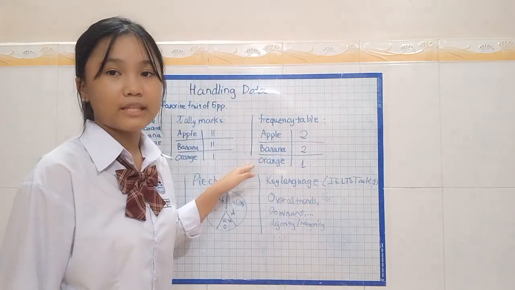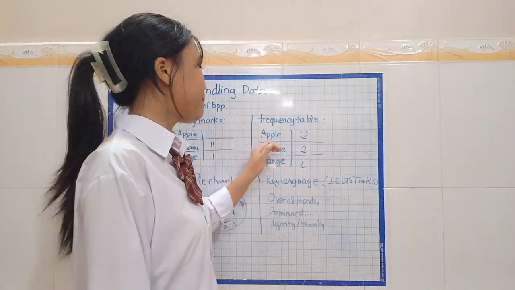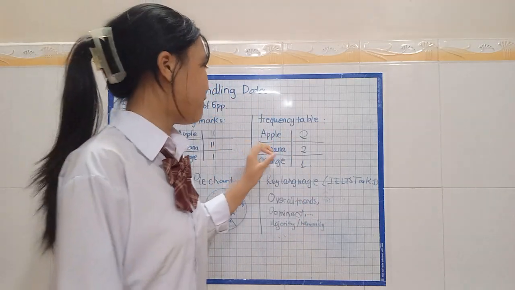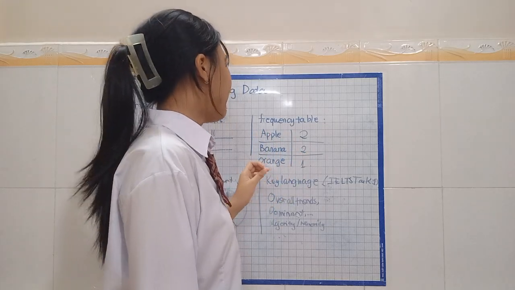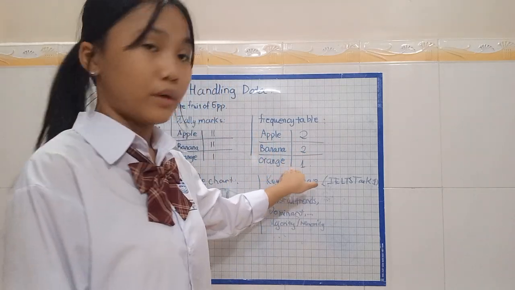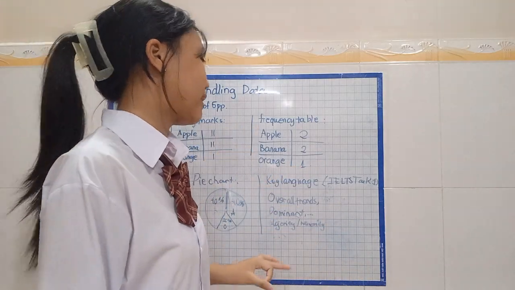Based on this frequency table, we get that 2 people in my family like apple, 2 people in my family like banana, and only 1 in my family likes orange. So that is what frequency tables are like.